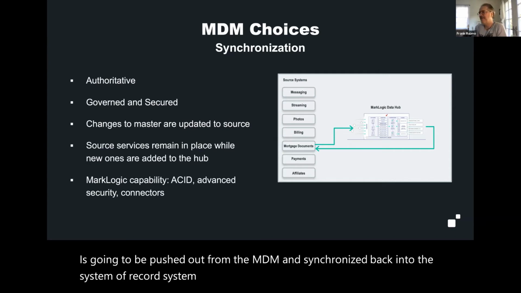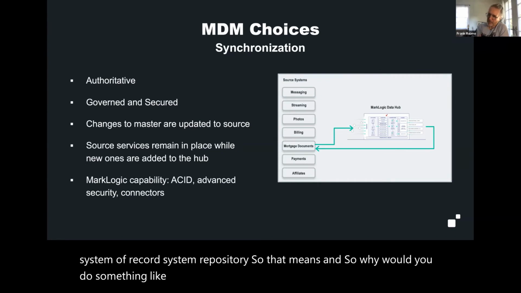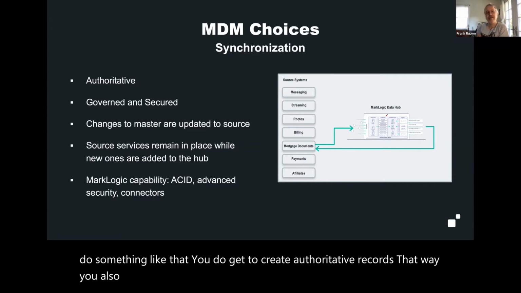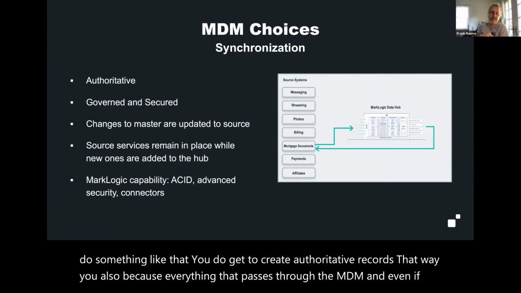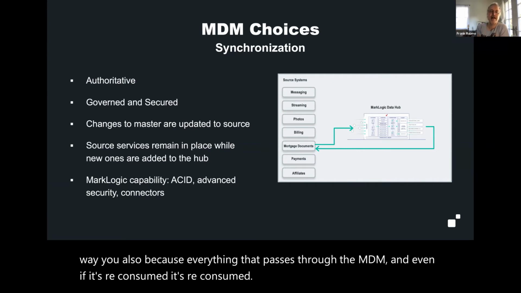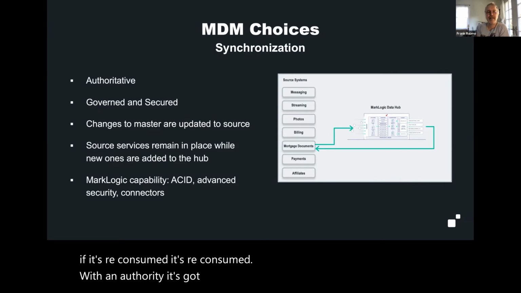So why would you do something like that? Well, you do get to create authoritative records that way. You also get, because everything passes through the MDM, even if it's reconsumed, the lineage and provenance that the MDM system has provided.